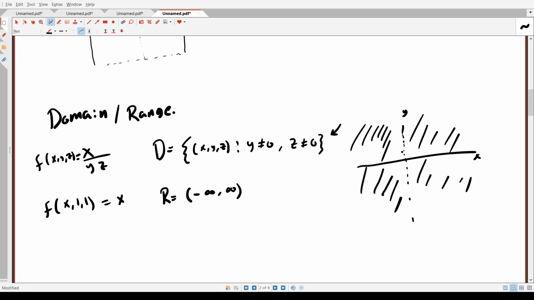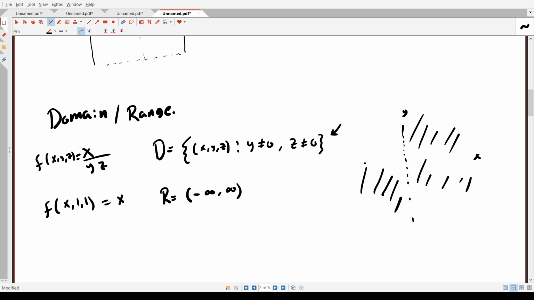That is correct. But let's also check that it's not closed, because it could be both. So how could it be both? Can I find a sequence of points that converges to something that is not in my set? If I take a limit of points going towards y equals 0, sorry, I drew this backwards.